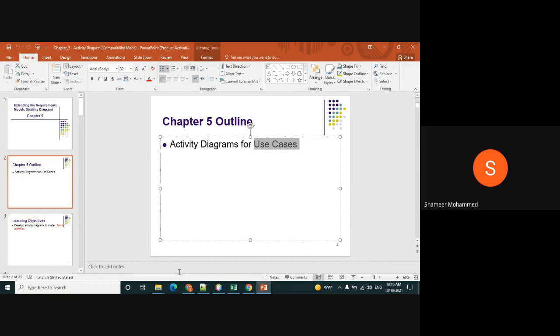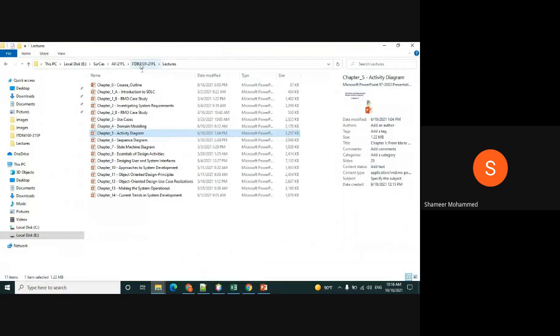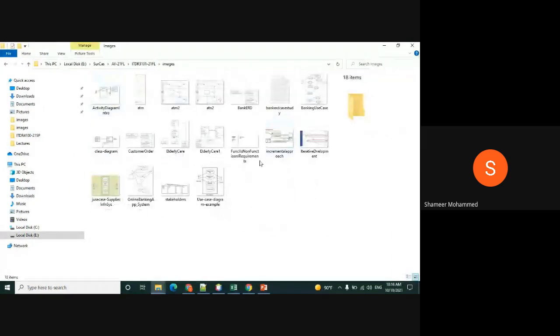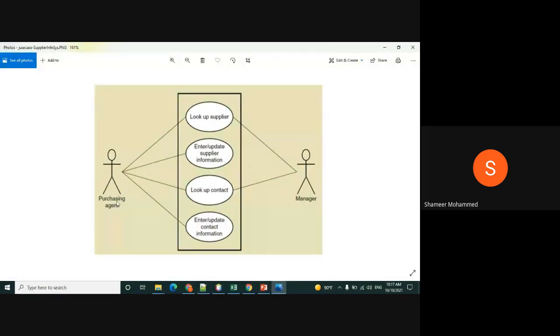When you refer to the use case diagram, I am telling this actor will look up supplier, means he will search. How he will search? What he will do? The details I am not explaining. So those details I am going to explain in the diagram called activity diagram.